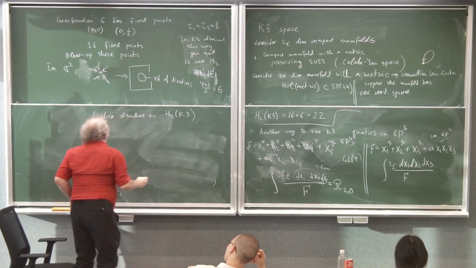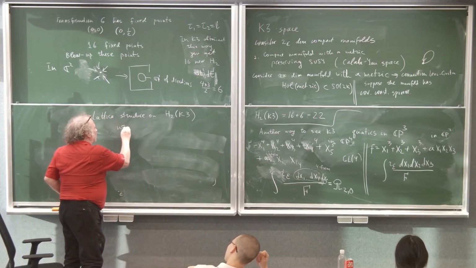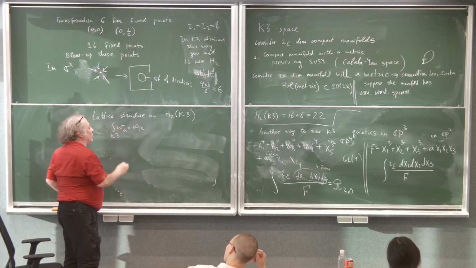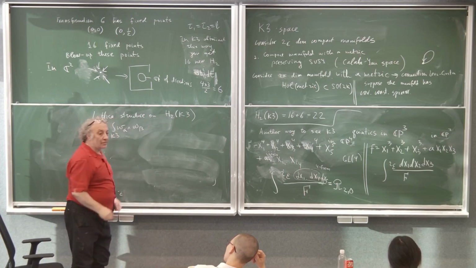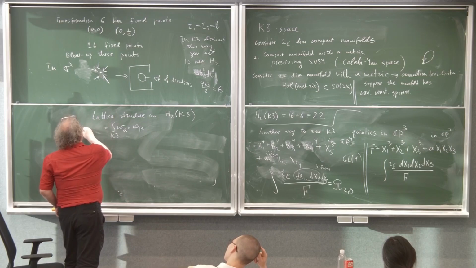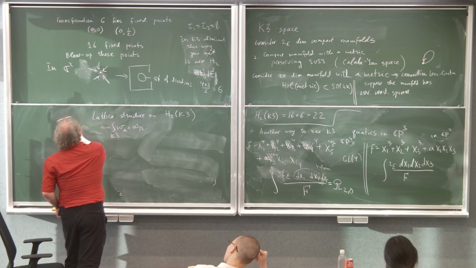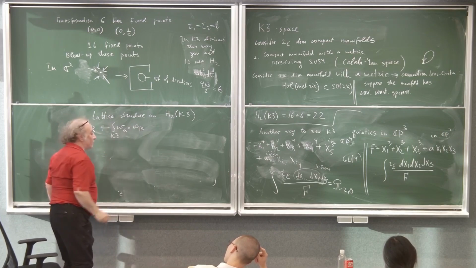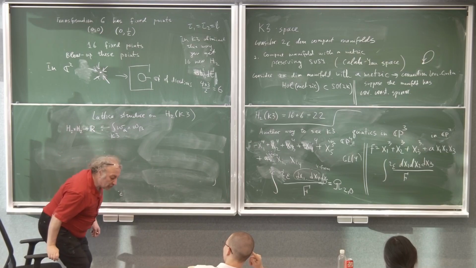What does it mean? It means that you take one element, you multiply by another element, and you integrate over K3. And this is a pairing, H2 times H2 to real numbers, given by this formula.